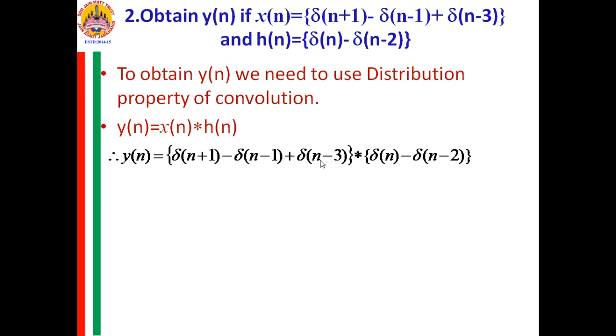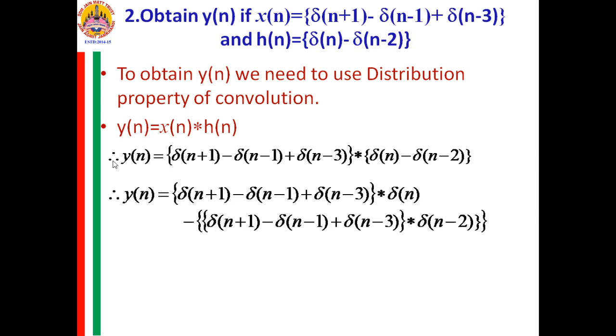When you convolve xn with delta of n, you get x of n itself. And when you convolve xn with delta of n minus 2, you will get x of n minus 2. So writing yn is equal to xn convolved with delta of n, minus xn convolved with delta of n minus 2.